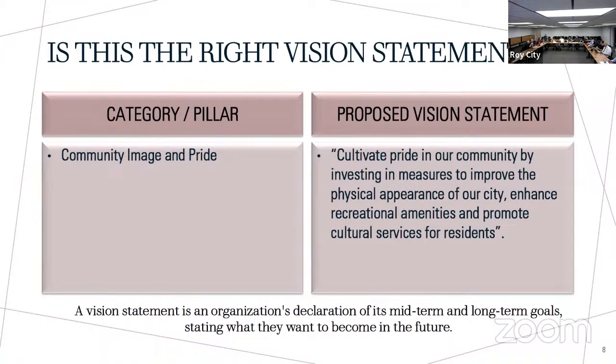I think that it's a very important part. I do think the category of pillar needs to be there. I think it might be nice to include cohesiveness. I think image and pride are nice, but it maybe doesn't completely reflect the community feeling that is engendered in Roy, you know, the term Roy boys, or that school pride that seems to emanate throughout the city.